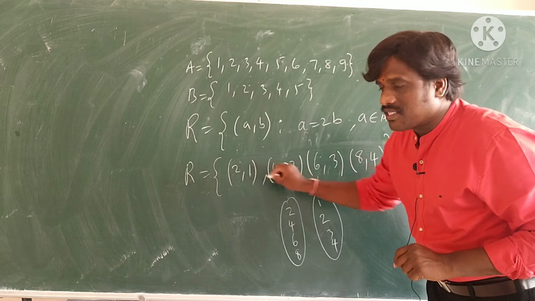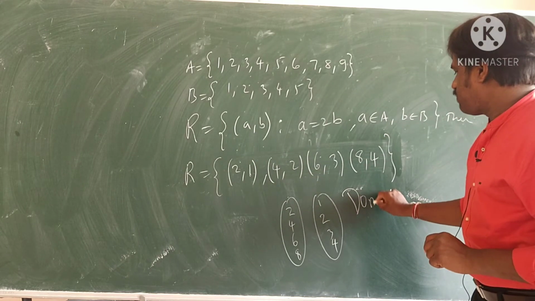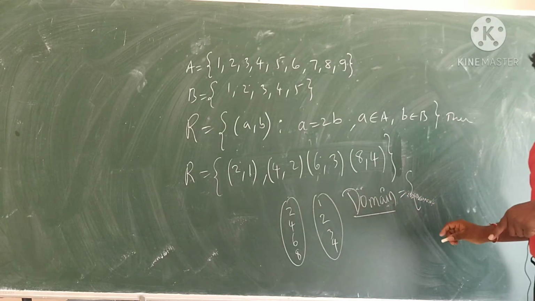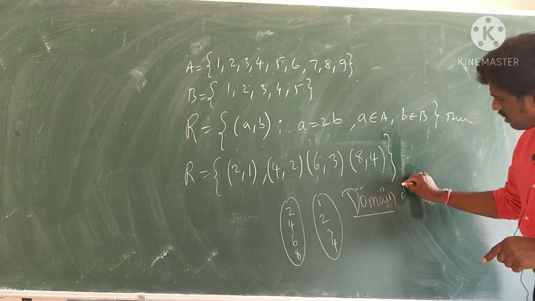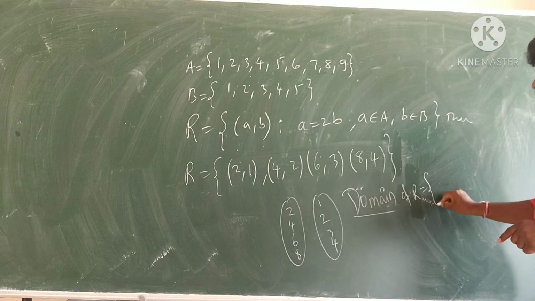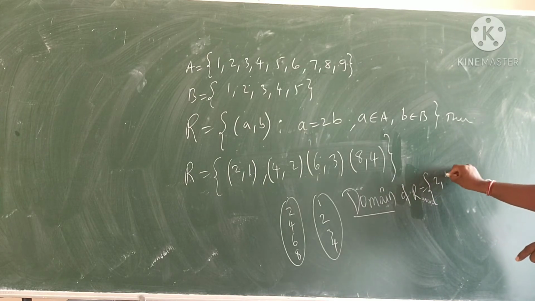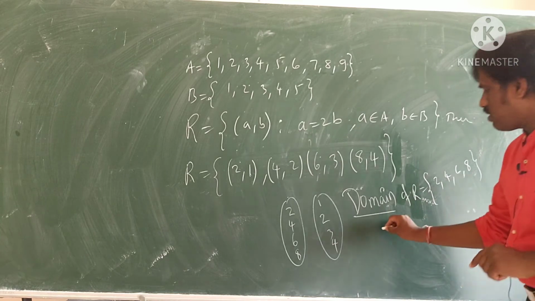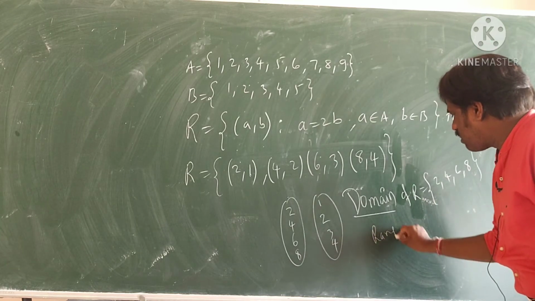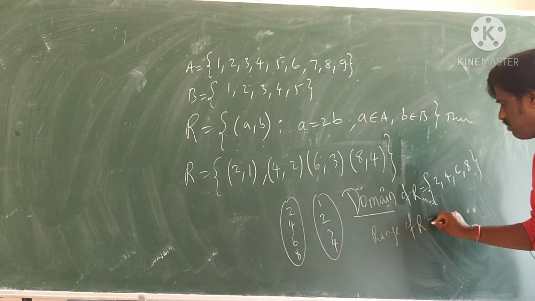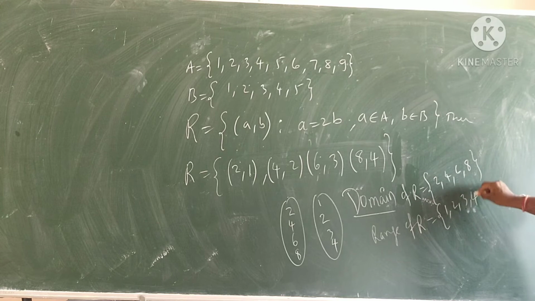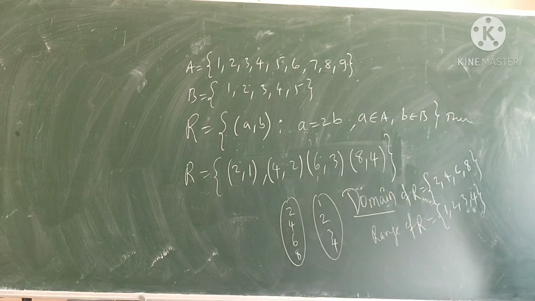The first coordinates are called the domain. Domain of R is 2, 4, 6, 8. Range of R is 1, 2, 3, 4. This domain and range is important. Is it clear?